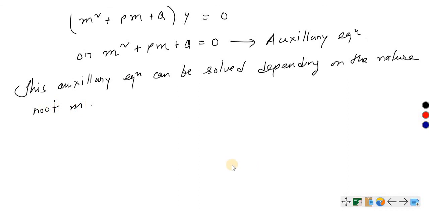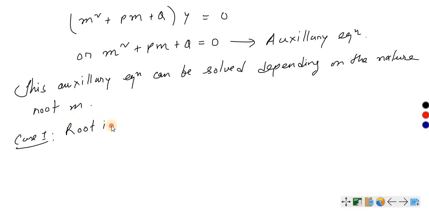Root means solution. So the solution of this auxiliary equation can be written in the form of 3 cases. That is case number 1: if suppose the nature of the root is real and different, or unequal.